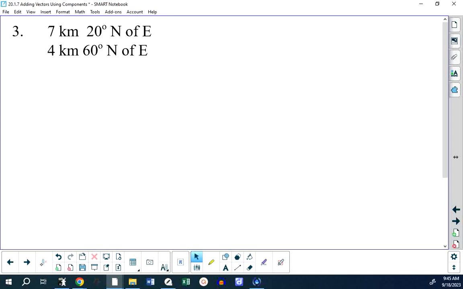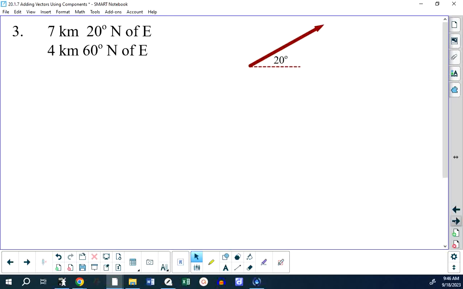So you can't simply add the numbers together. Are these 2 vectors in opposite directions? No. So you can't subtract them. Are these 2 vectors perpendicular vectors that we can construct a right angle triangle from? No. So that means we have to break them into components. You need to take each of these vectors and draw them one at a time.